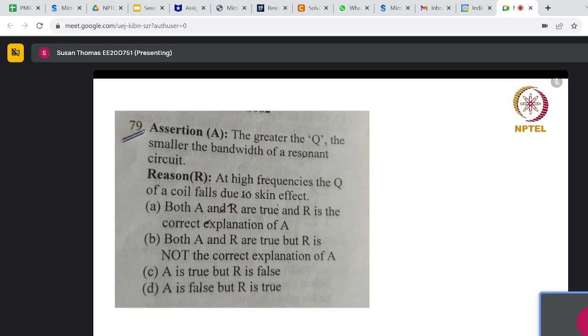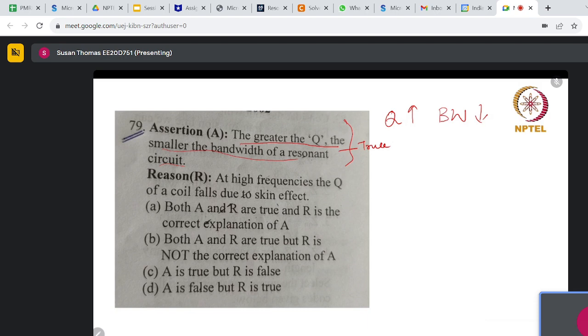These kinds of questions are quite familiar. So just look at the statement. We know that greater the Q factor, smaller the bandwidth of a resonant circuit. Do you agree with this statement? If the Q is high, bandwidth will be small. Is this a true statement? Yes, this is a true statement. Now, how about the reason?